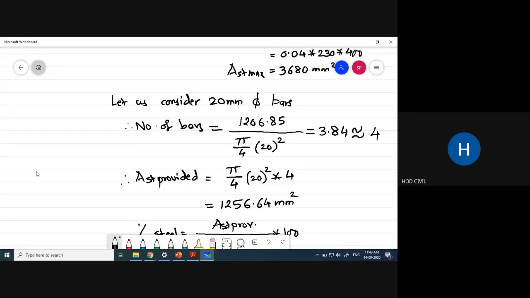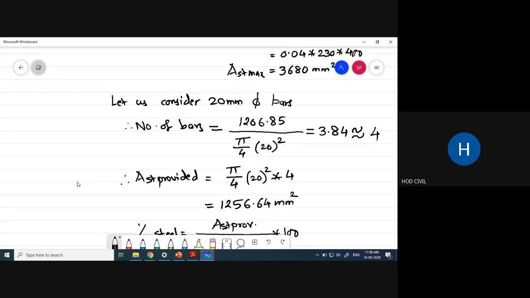Right now, for the sake of simplicity, even in the examination, to avoid these calculations, you can show the calculation like whatever we are showing right now. But practically, when we do the design of the beam, we have to take care of the economy also, and that is done by considering a combination of different bar diameters.